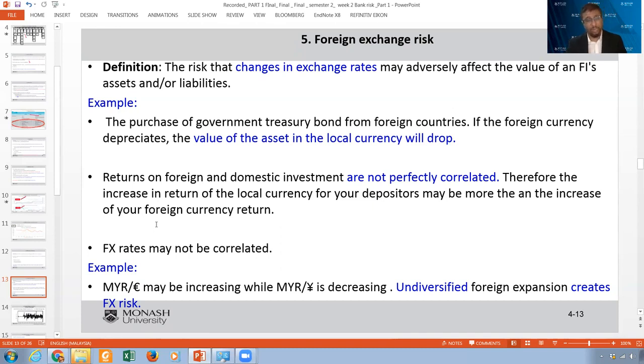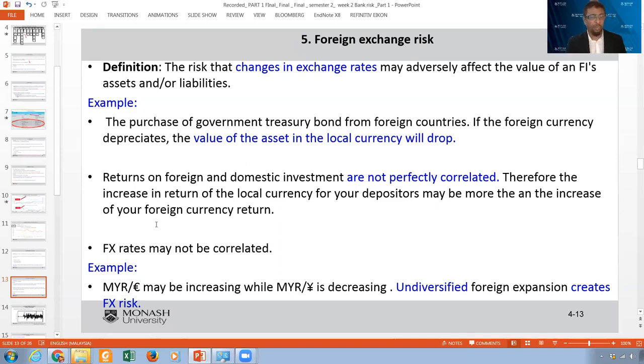If you are making investments in Japan and in the US, the depreciation of the American dollar doesn't mean that your investment in the Japanese market will increase because the Japanese yen is appreciating.